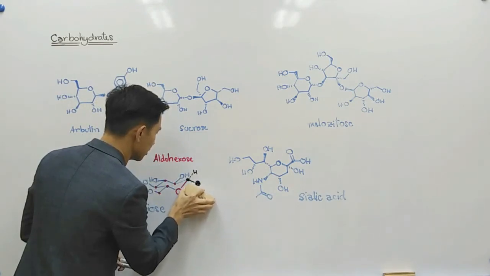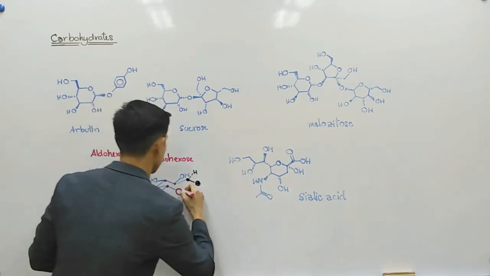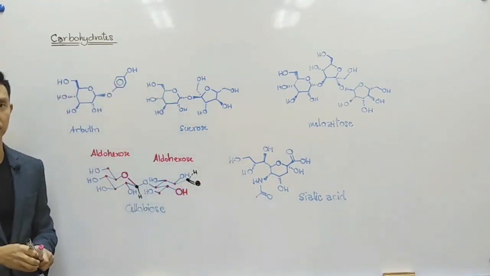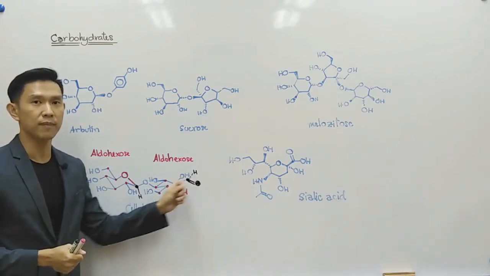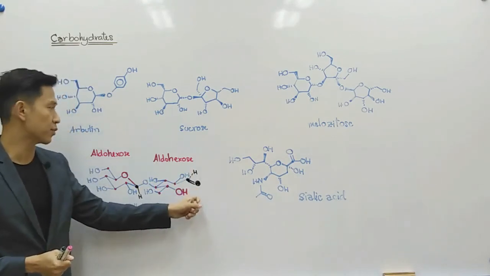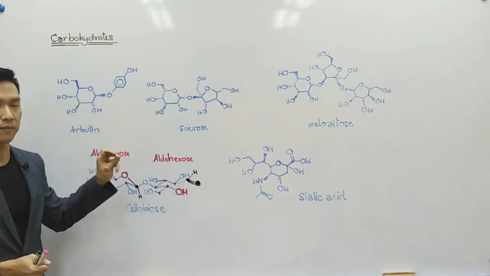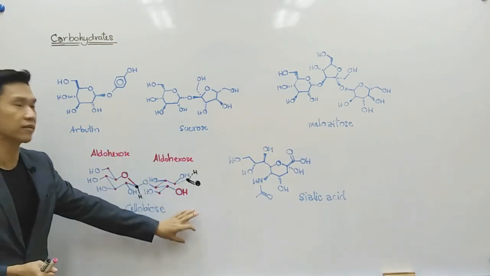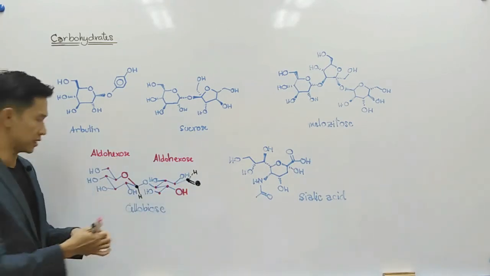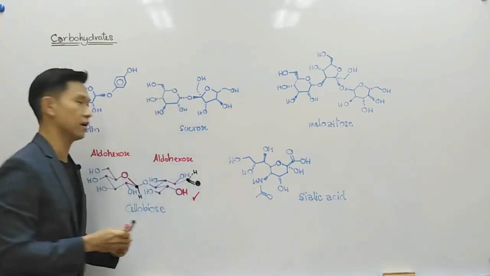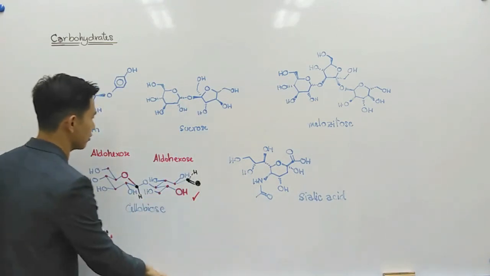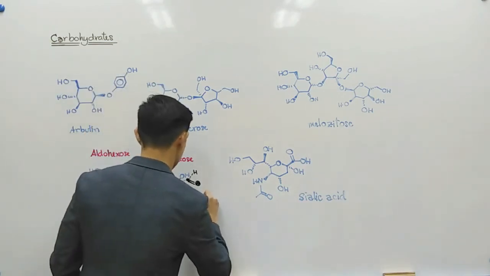So you release the cyclic structure back to the open chain aldehyde, right? Because it can open back to the aldehyde functionality, this one can react with the Benedict, right? So on the right hand, this is a reducing sugar. It can react with the Benedict test. So I will mark this one to say that this is positive to the Benedict test.